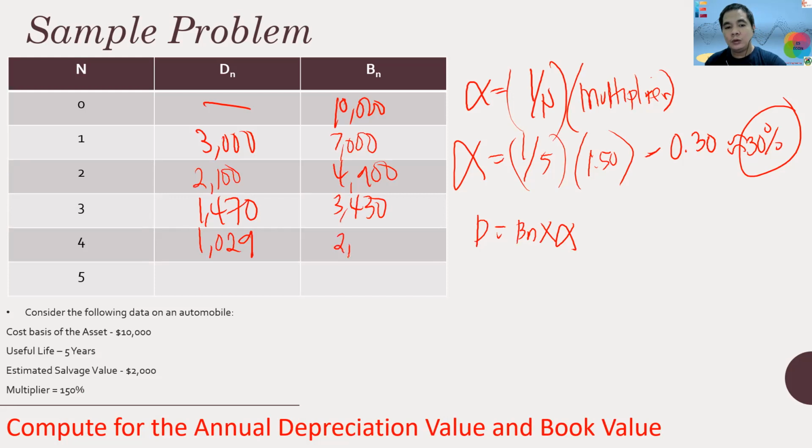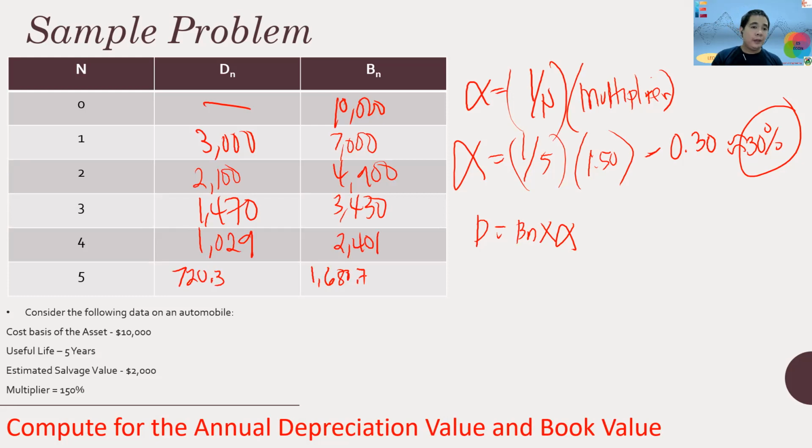This is 2,401. This is 720.30. So this is 1,680.7. Okay.